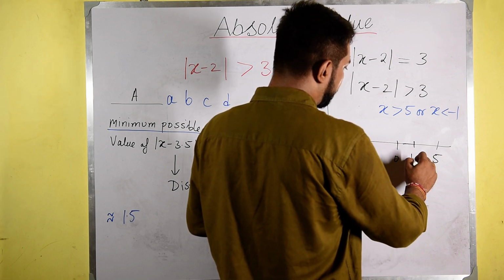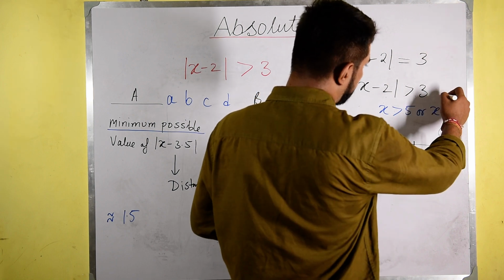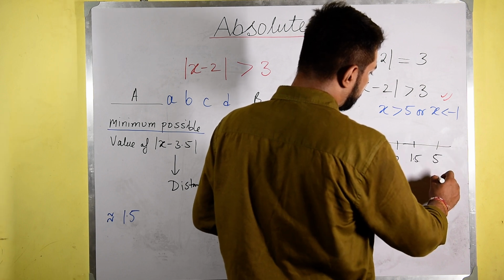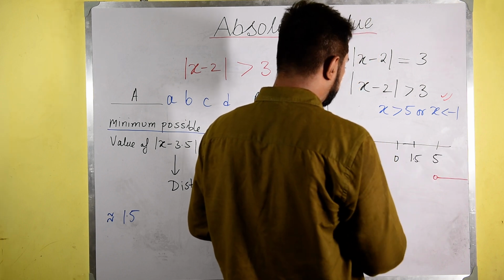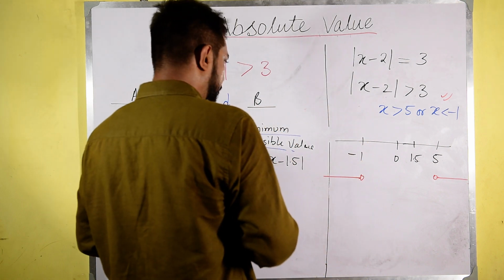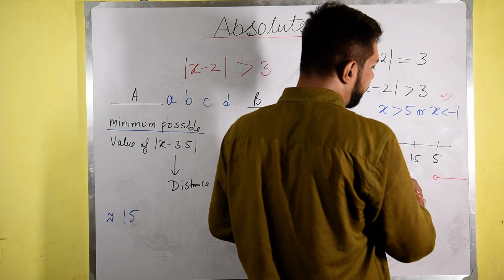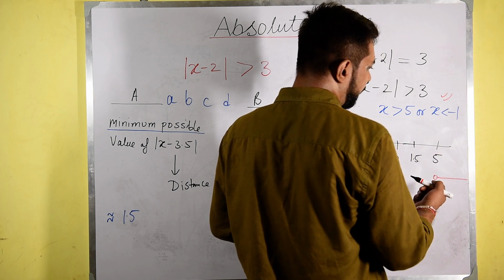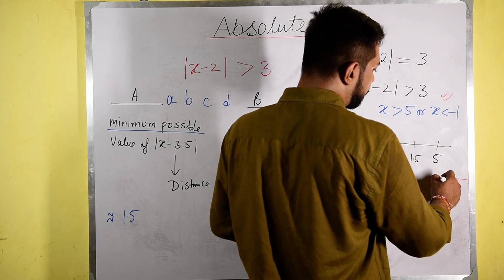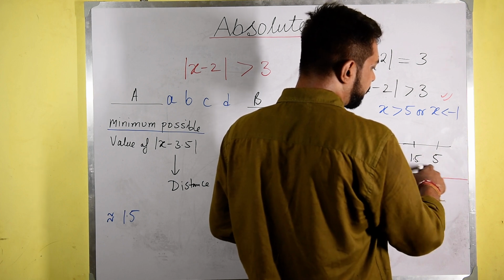The permissible values for x are any value greater than 5, not including 5, and any value less than -1, not including -1. Again, as we are looking for the minimum distance of 1.5 from the x value, on the right hand side, if I choose a value very near to 5, it will be at the minimum distance from 1.5.